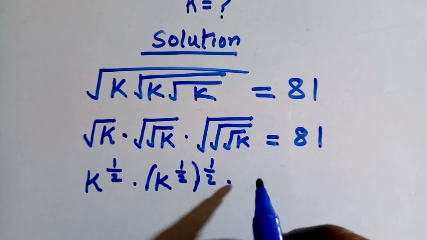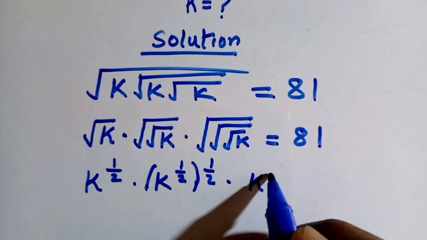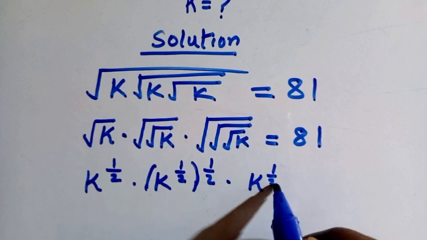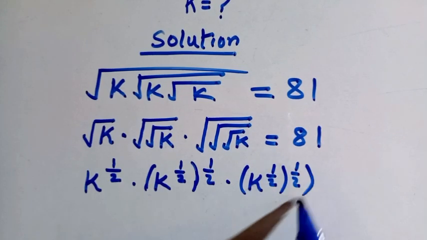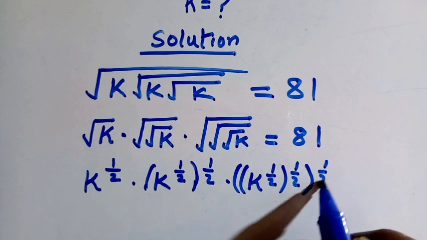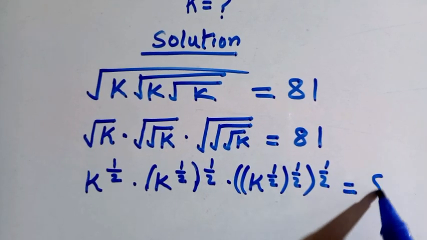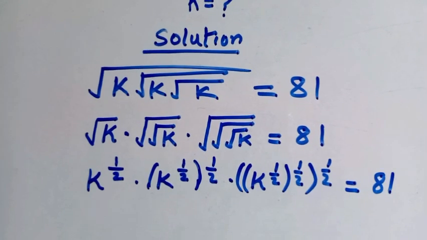For the last one, we have k to the power of 1 over 2, raised to power 1 over 2, and also raised to power 1 over 2 equals 81.